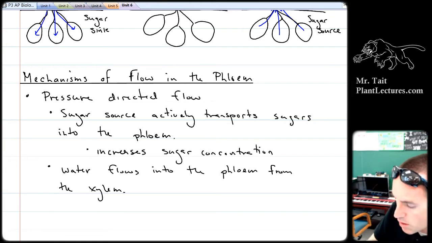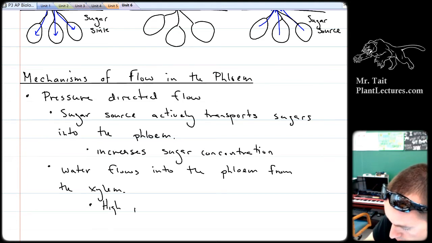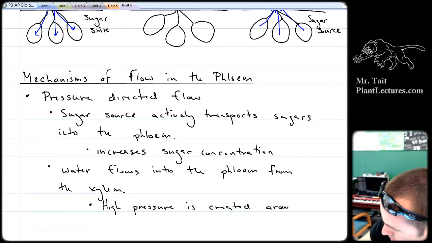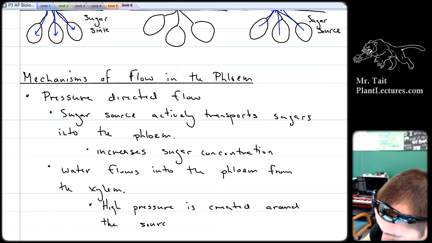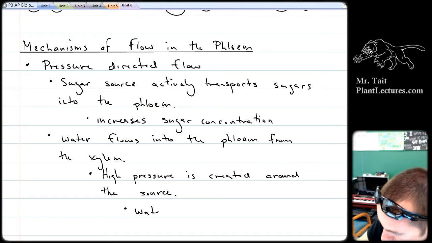This process of water flowing into the phloem from the xylem creates an area of high pressure. High pressure is created around the source. And we know that water flows away from high pressure.